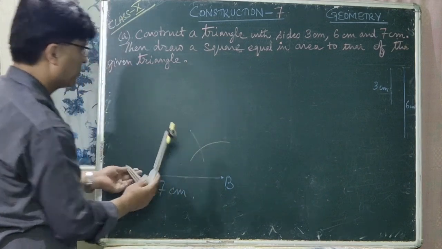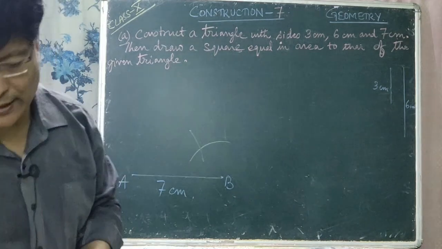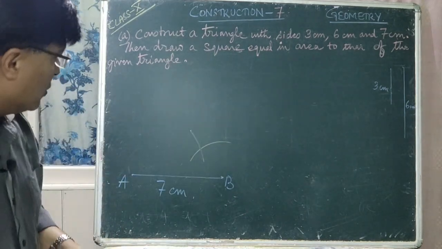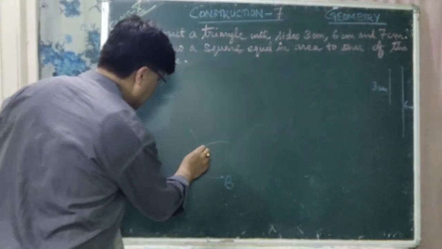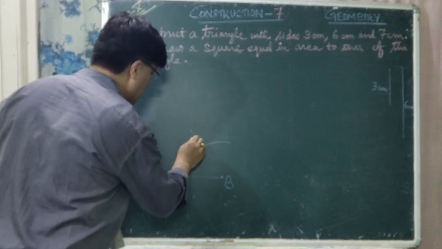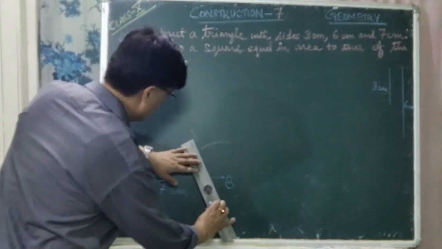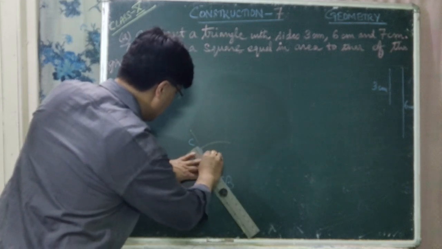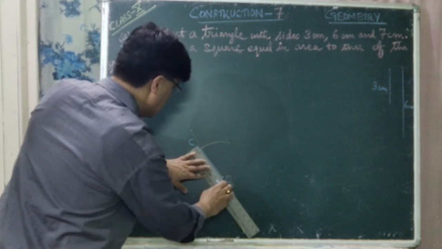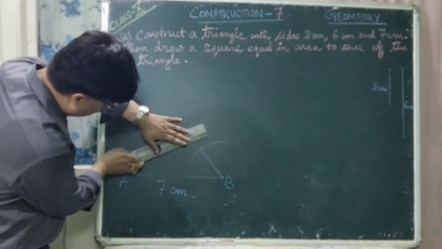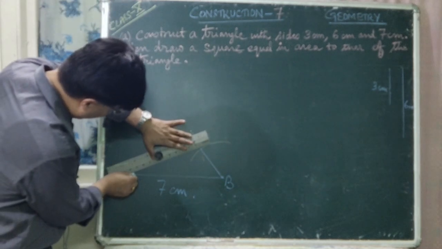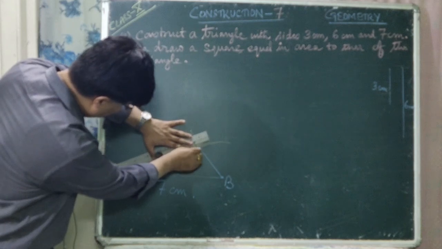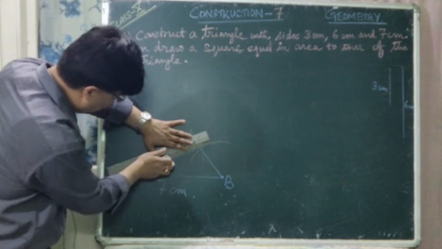This point is C. So join C and B, and join A and C.